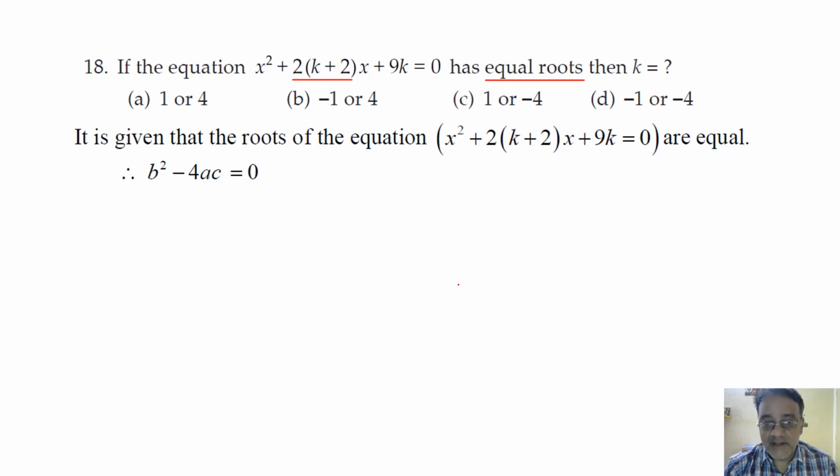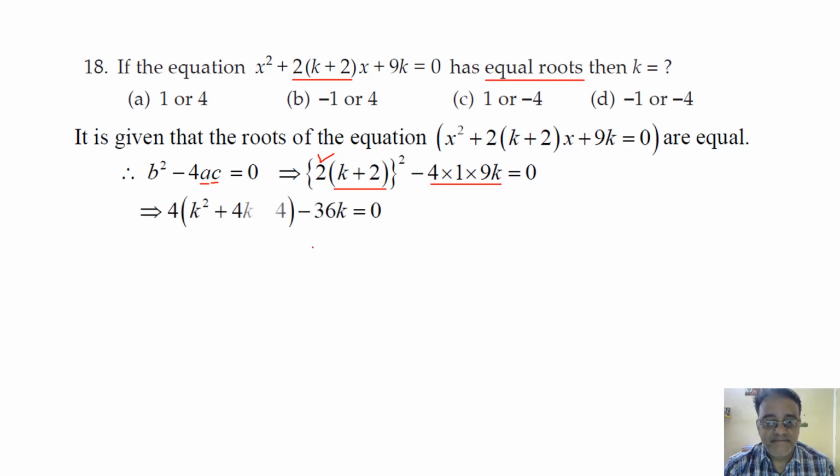Yes, if you open it, 2 into k plus 2 whole square minus 4 into a is 1 and c is 9k. Now we are going to expand this one. This will be 4 into k square plus 4k plus 4 minus 36k. This step is clear?